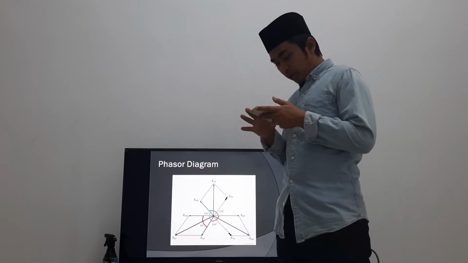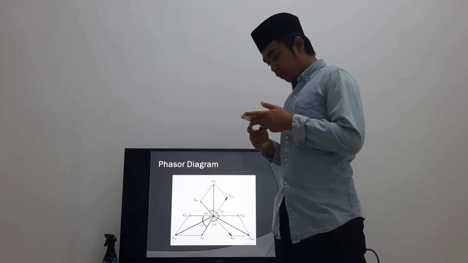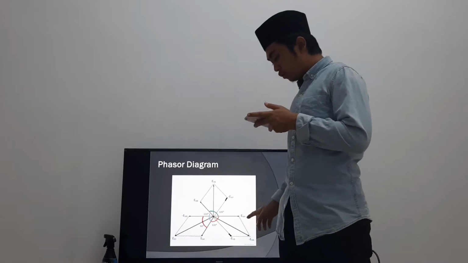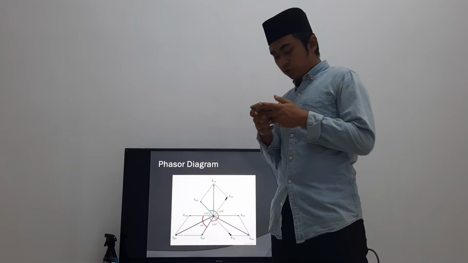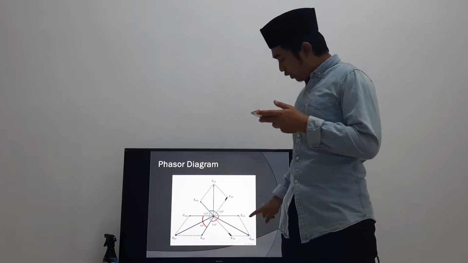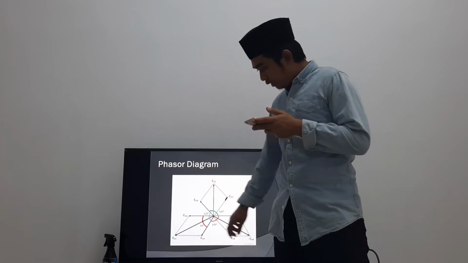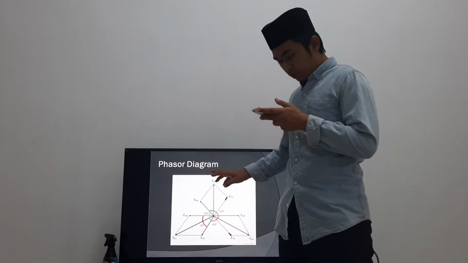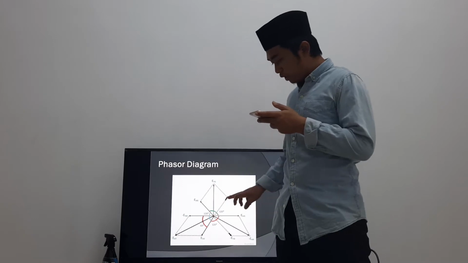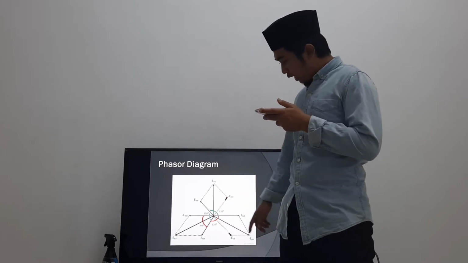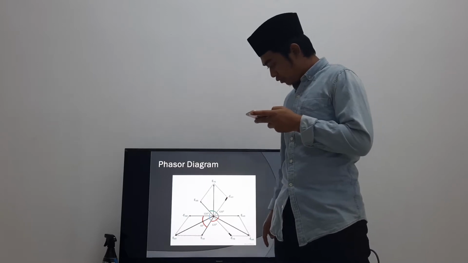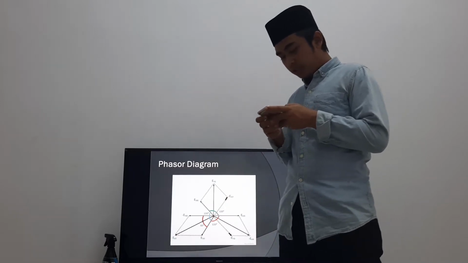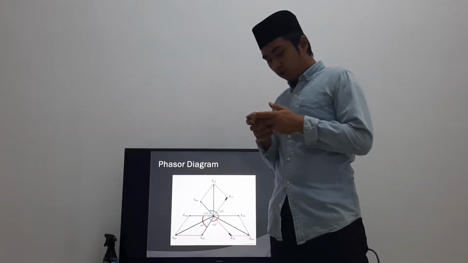Therefore, E_RY equals the square root of E_NY squared plus E_NR squared plus 2 E_NY E_NR cos 60 degrees. Similarly, E_YB equals E_NB minus E_NY. Or we can use the formula: hence, in the star connection, line voltage is root 3 times the phase voltage.